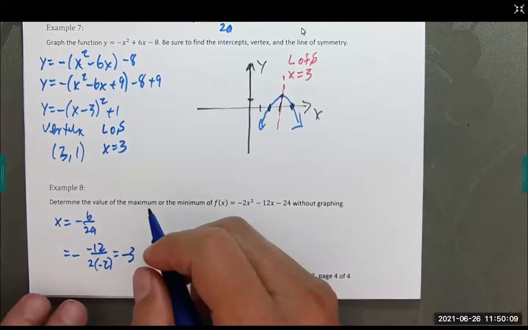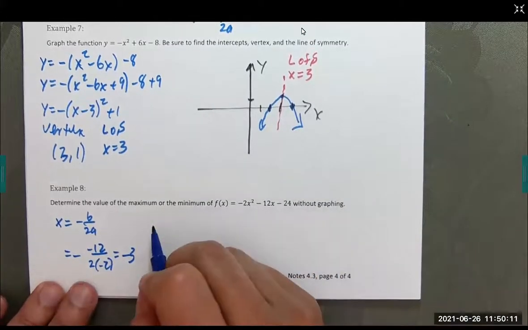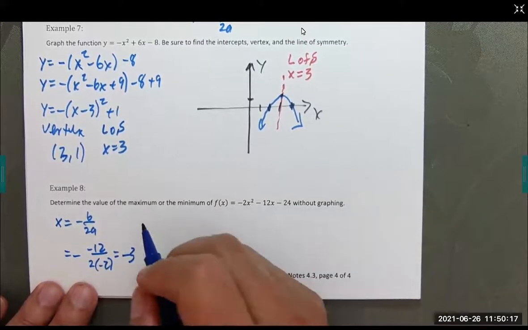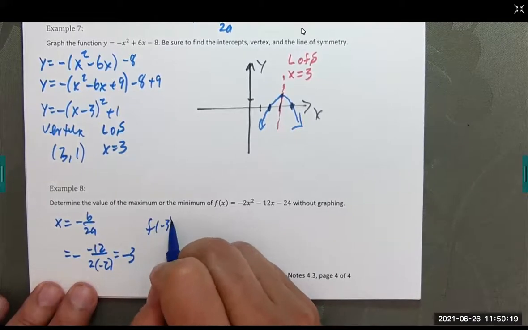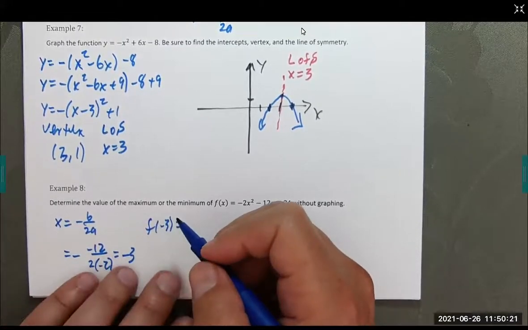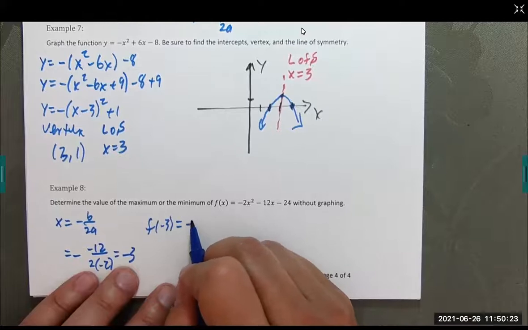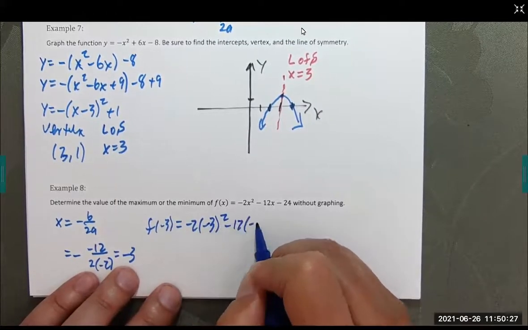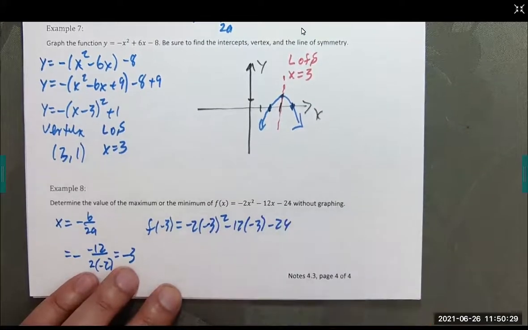Now to find the maximum or the minimum, which it's going to be a maximum because this is headed downward, we can tell because that is a -2. So I'm going to find f of 3. So -2 times 3 squared minus 12 times 3 minus 24.